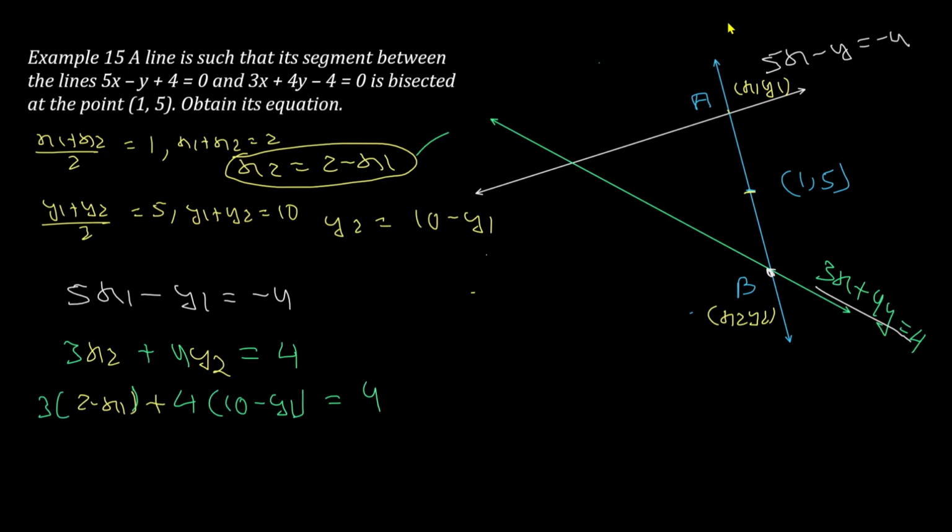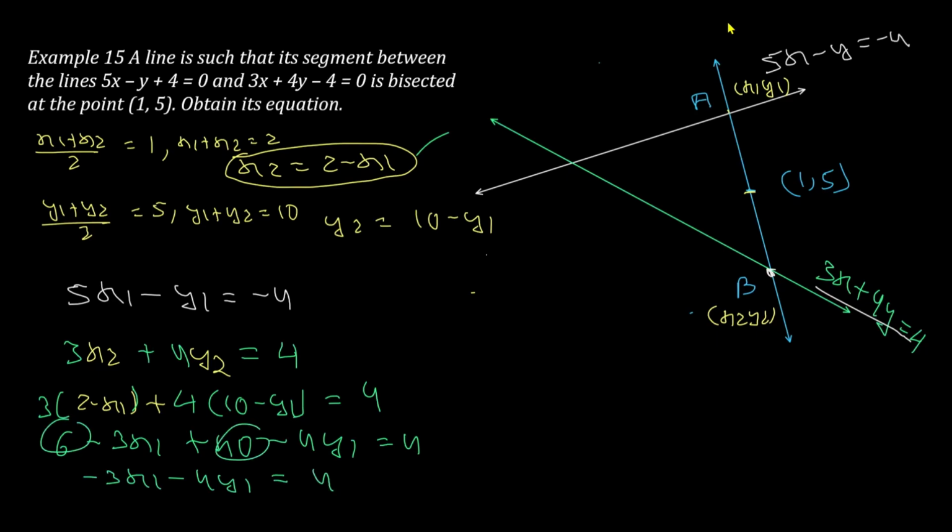Now if I solve this equation further, 3 into 2, that is 6, minus 3 times x1, plus 40 minus 4 times y1 is equal to 4. I can simplify it further. So minus 3 times x1 minus 4 times y1 is 4 minus 46, so if I bring it to the other side, it will be minus 46. Now that gives you the new equation, which is 3 times x1 minus 4 times y1, and their difference is how much?